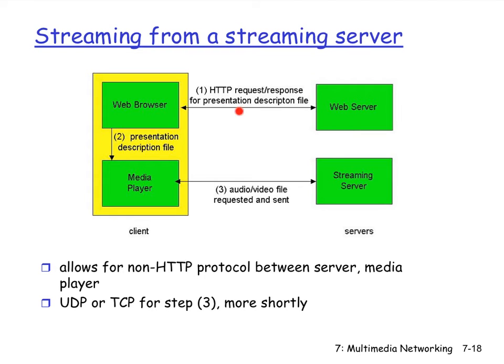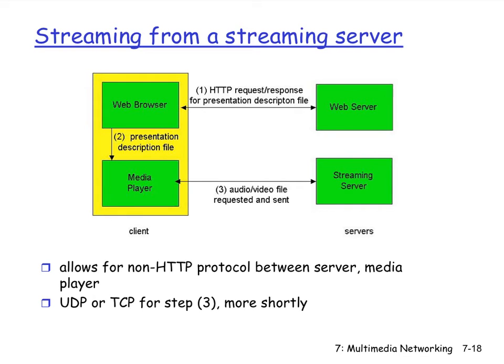So in other words, here I could use HTTP over TCP, and here I could use RTP over UDP, or any other protocol combination that can give me the most optimized performance. So I can provide a different set of protocols that can provide good quality of service and so on.